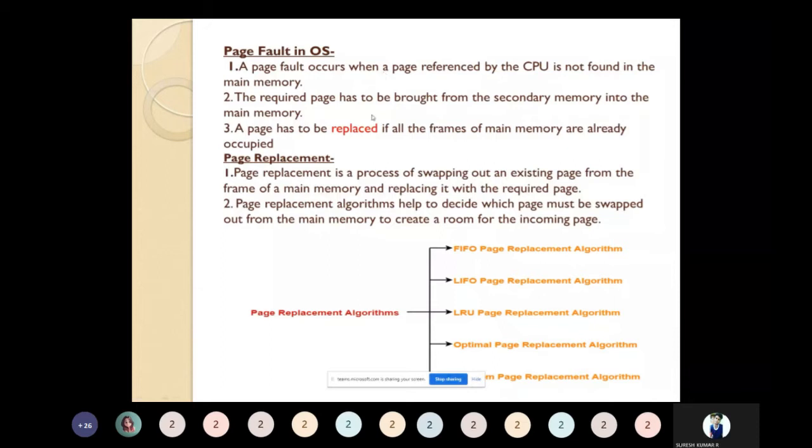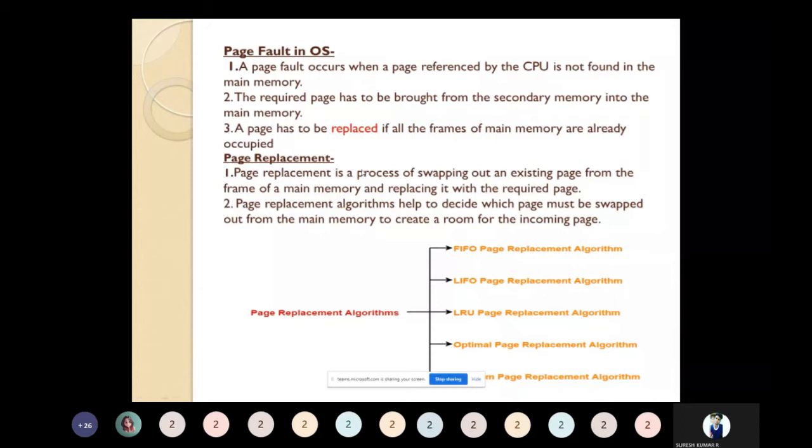Now we come to page replacement. Page replacement is the process of swapping an existing page out of the main memory and replacing it with the required page. Already we said that some pages are fetched from secondary to main memory and main to secondary, so the swapping will be done.